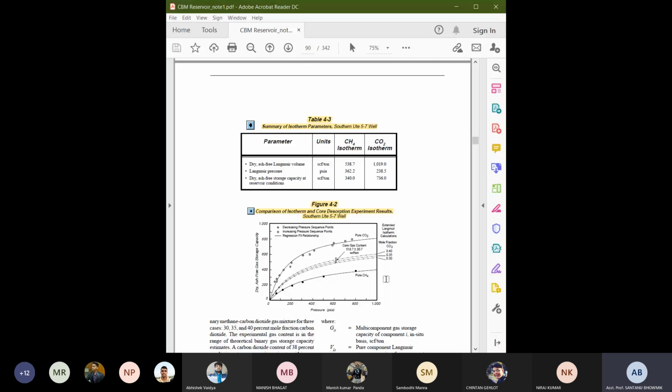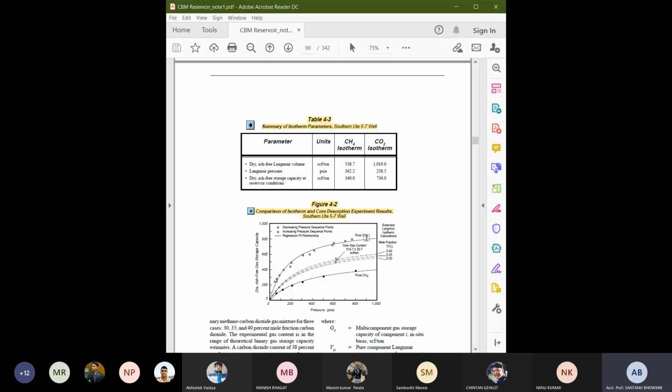If you see the comparison of pressure with the dry ash-free storage capacity, you are readily able to see that sometimes it is twice or somewhat more than twice. The pure methane graph has never reached 400, but carbon dioxide is sometimes higher, 800 SCF per ton. That means the ratio may sometimes be even higher at higher pressure.